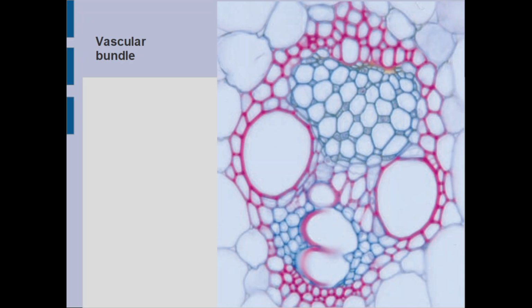So the monocots are a little bit different, but still have the same tissues, but they are arranged a little bit different.